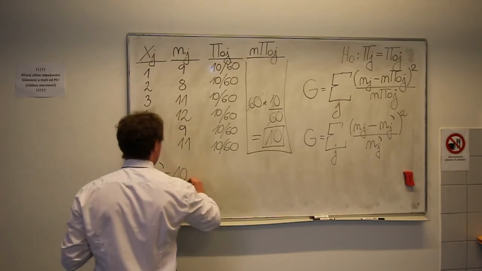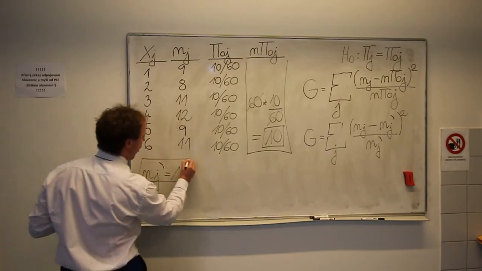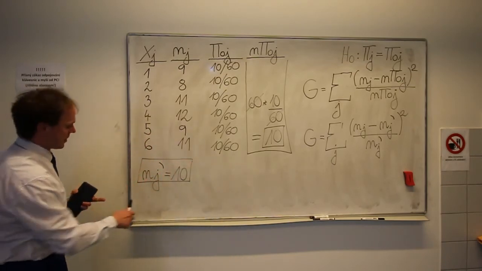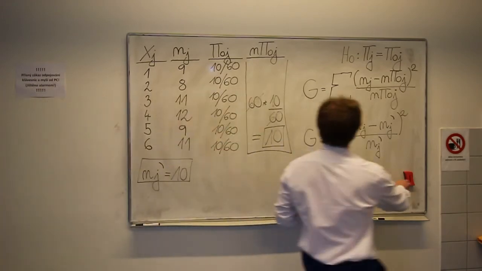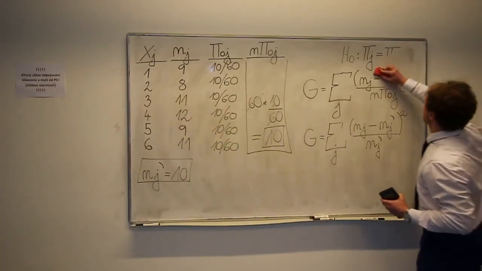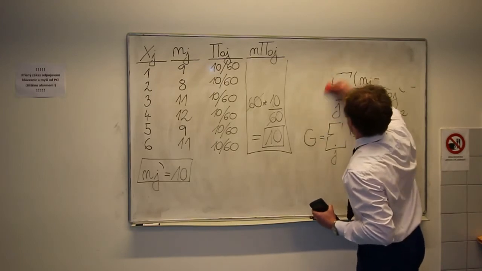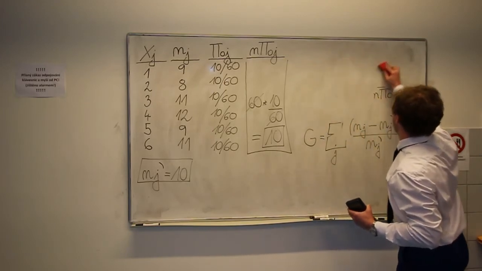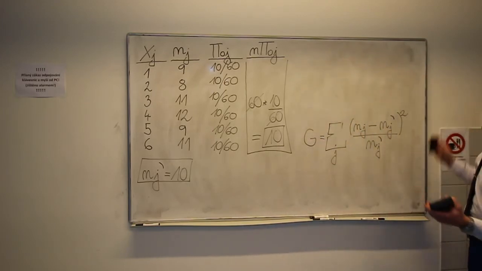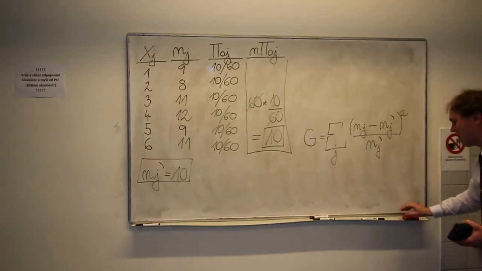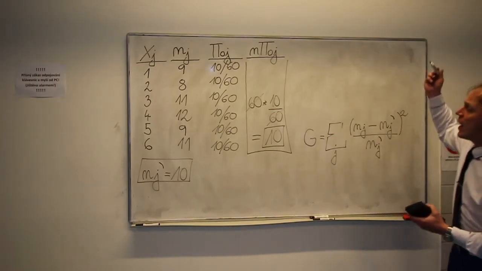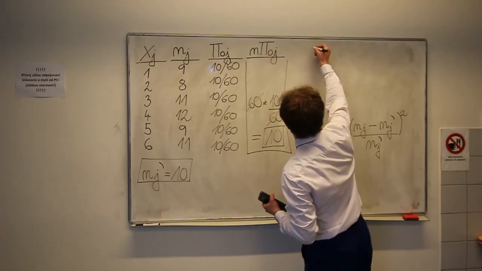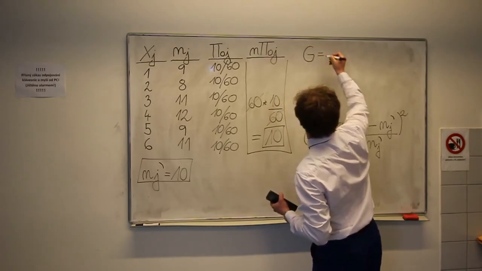And we can solve the test statistic. So please, I will delete all of this. At the end, I will write H0 and the alternative hypothesis one more time here on the whiteboard, and we will calculate the value of G.